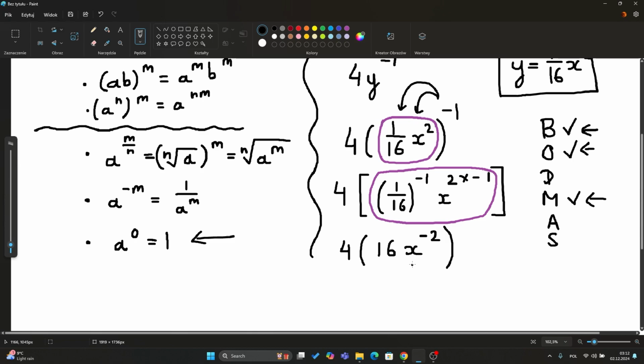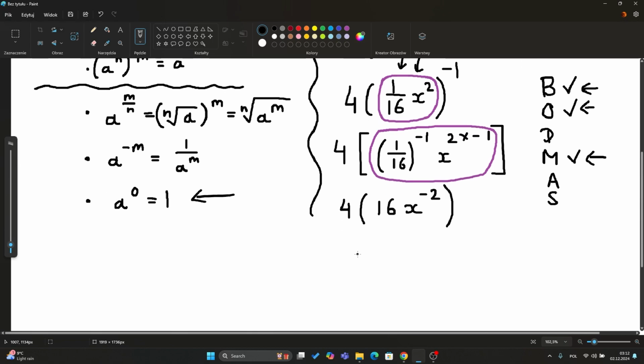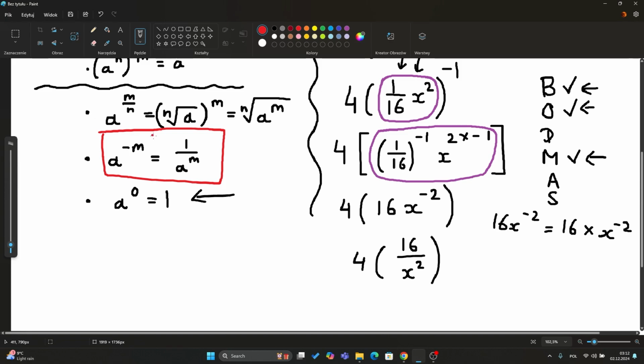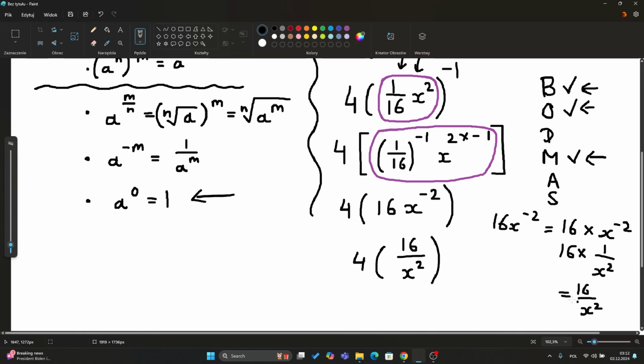So that's what's happening. And now what we can do is to put 16 over x squared, because 16x to the power of -2 is the same as 16 times x to the minus 2, and you can use the following rule here to invert it and put it at the bottom, which is 16 times 1 over x to the power of 2, which is 16 over x squared.